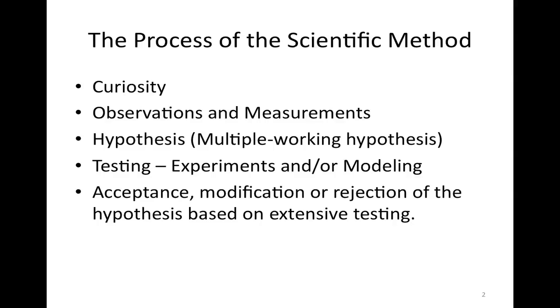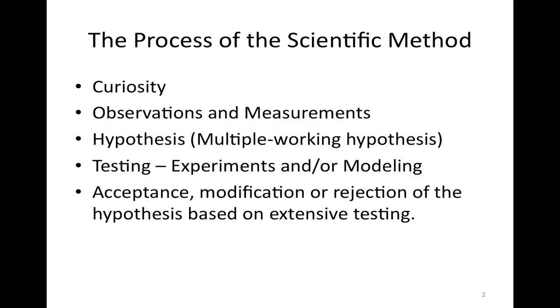Now, when a scientist is done observing and measuring, and they've gathered the questions they're curious about asking, and those questions are answerable, and once they've done their testing, based on the questions they are asking about their phenomenon, there's three things you can do after that. You can accept your answers that you've come up with. You can modify the answers you've come up with based on your prior experience.